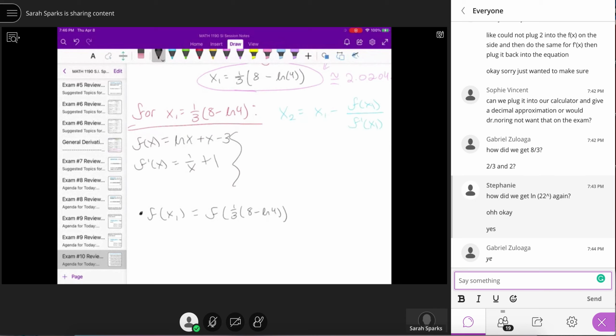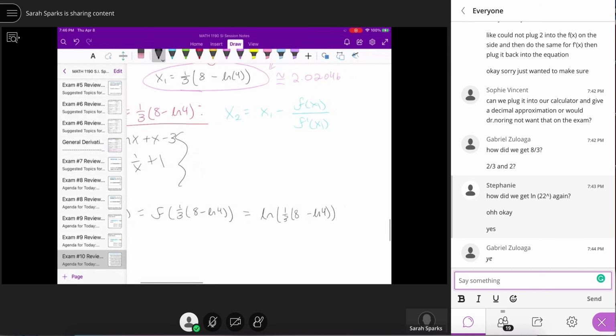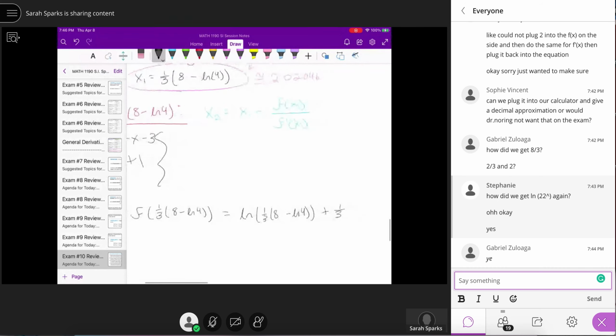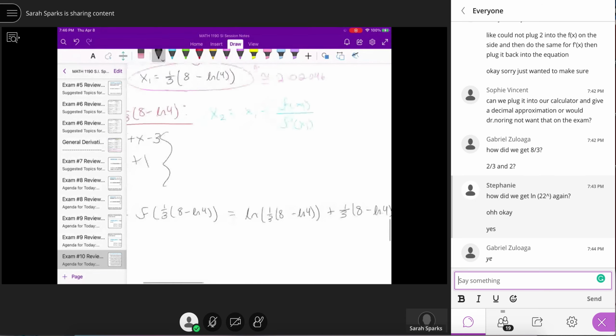So that is going to be equal to natural log of 1/3 times 8 minus natural log of 4, plus 1/3 times 8 minus natural log of 4, minus 3.